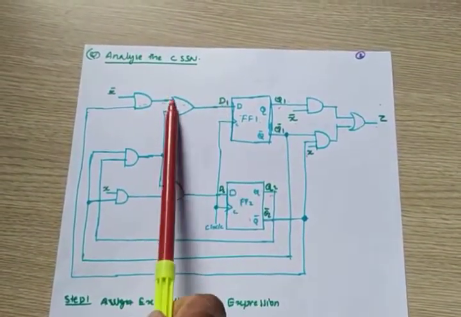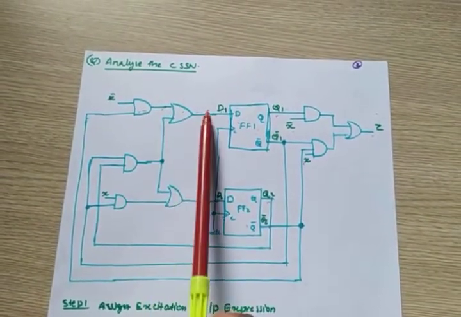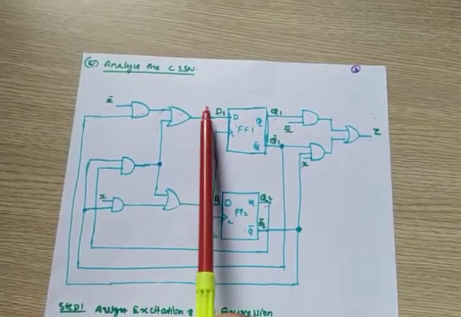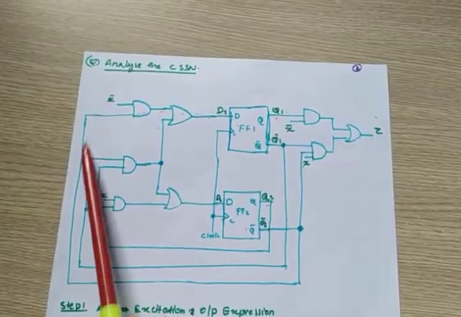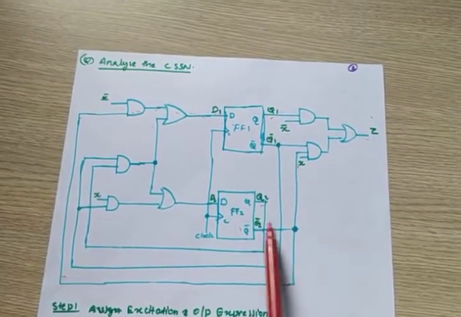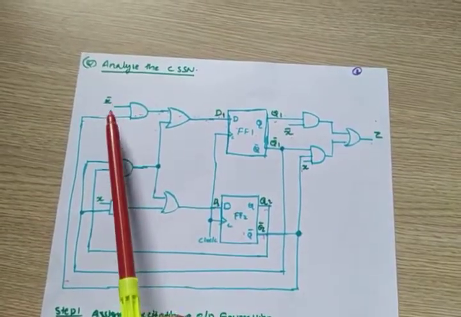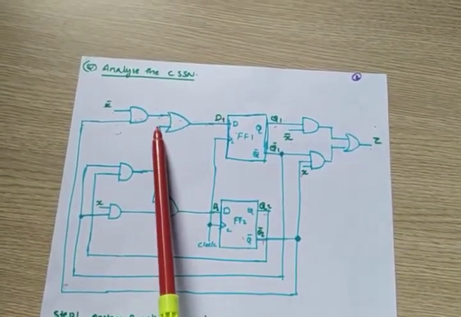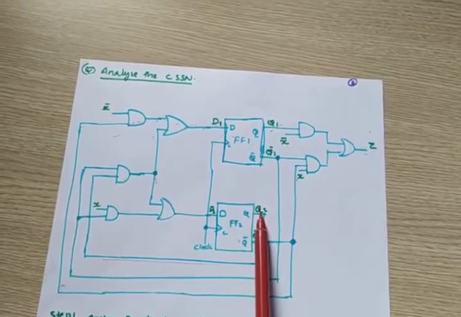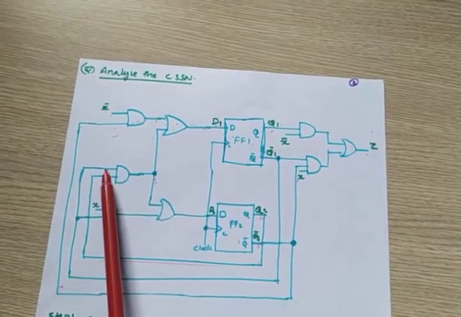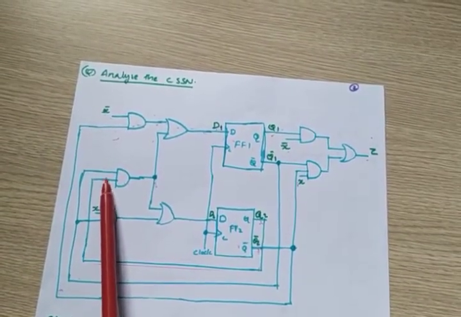You have to write D1. D1 is actually the output of the OR gate. The OR gate has two inputs; you have to add them, then you will get D1. So D1 is equal to X bar into Q2, so X bar Q2 bar, plus another input here, which is Q2 and Q1 bar.